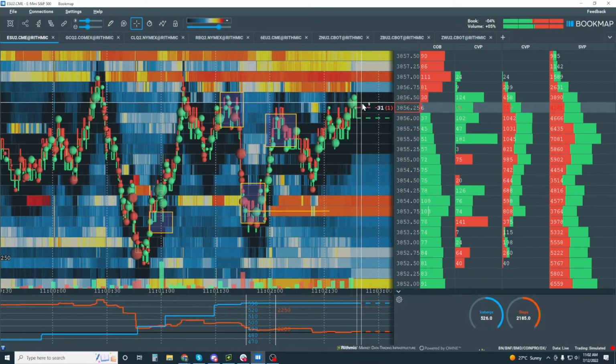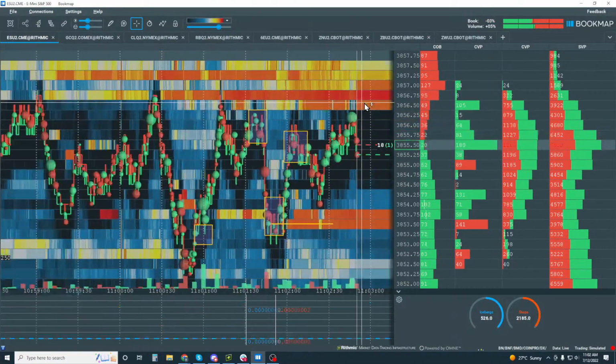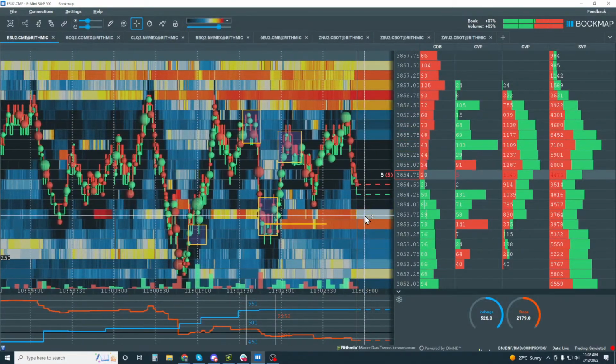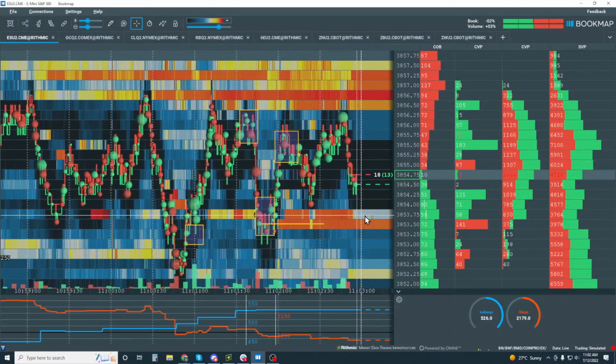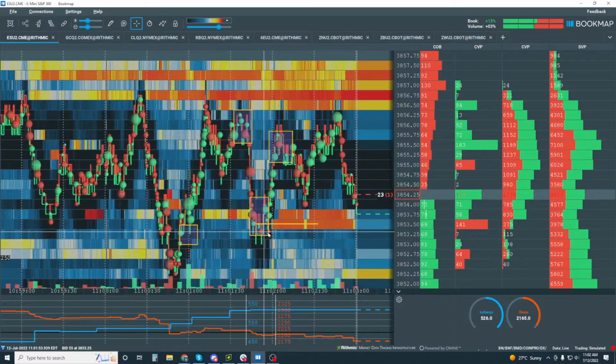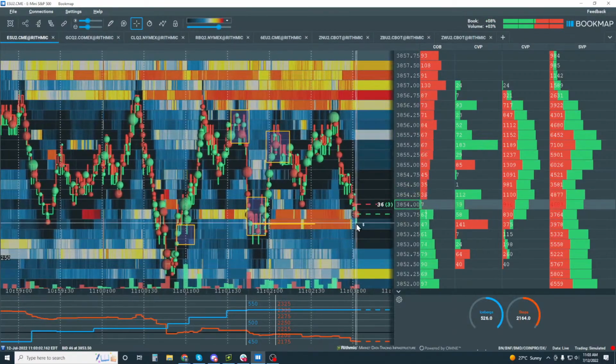All right, buyers at the top of the range, and now the sellers. Let's see the sellers take it to here, 53 and 3/4, maybe back down to 53 and 1/4 here. See them pull.